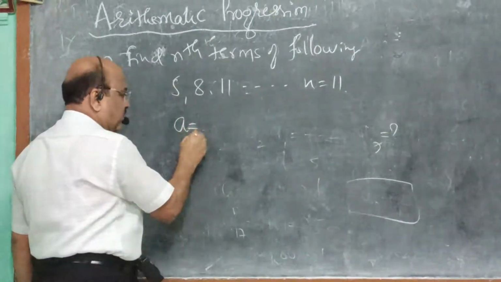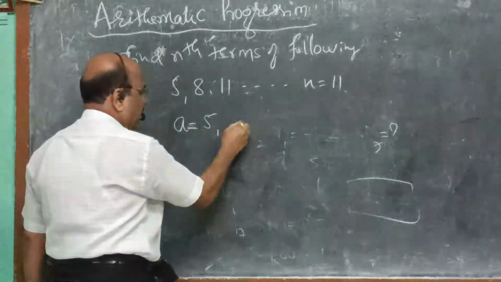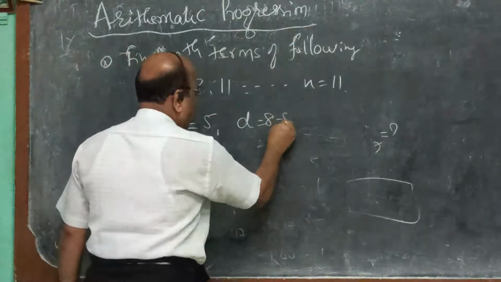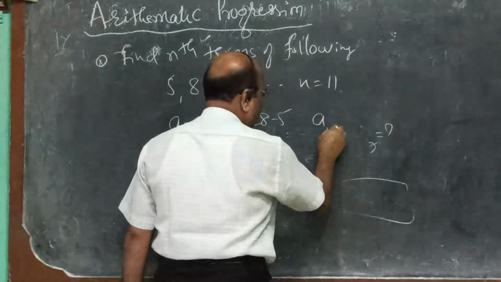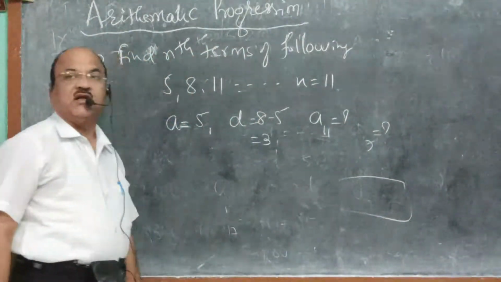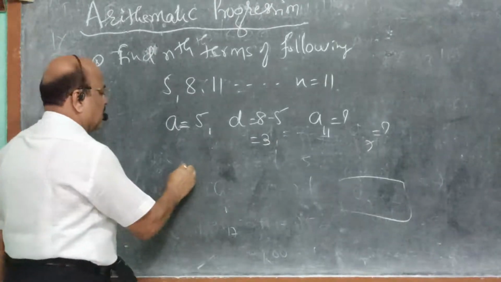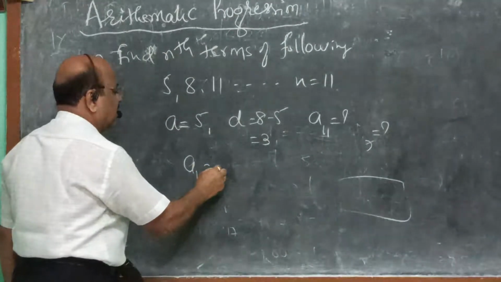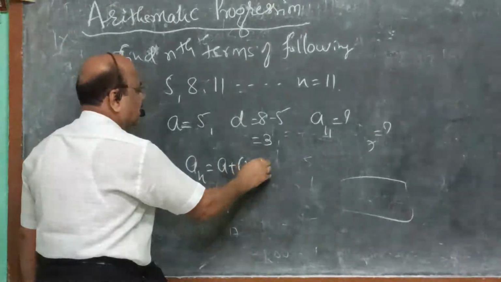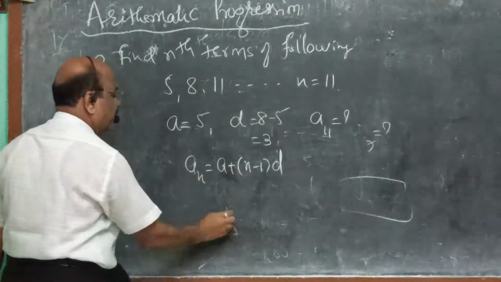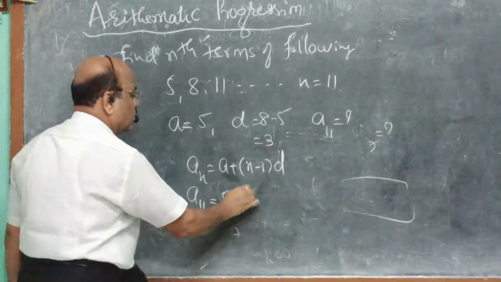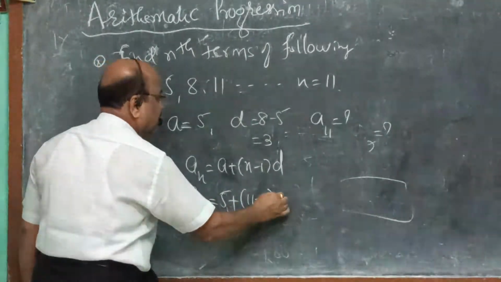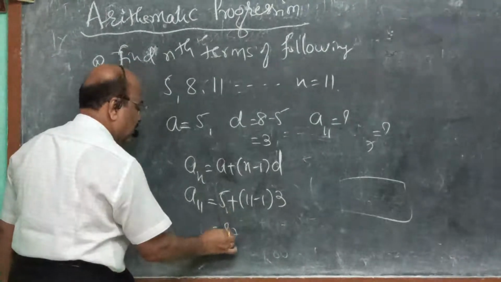Again write down what is first. First term is a equal to 5, d equal to 8 minus 5, that is 3. Then we have to find out A11, the 11th term, equal to how much? Again the same formula, an equals a plus n minus 1 into d. So A11 we want, a is how much? 5, 11 minus 1 into d equal to 3.